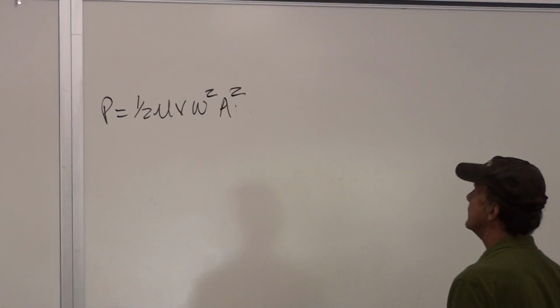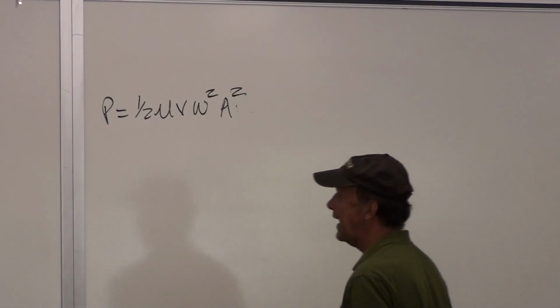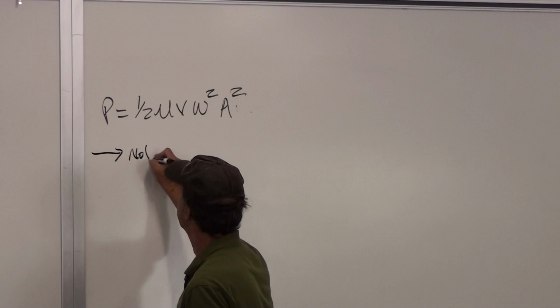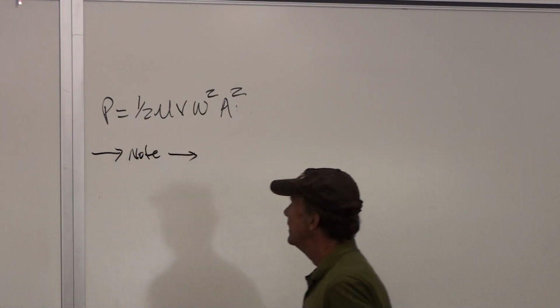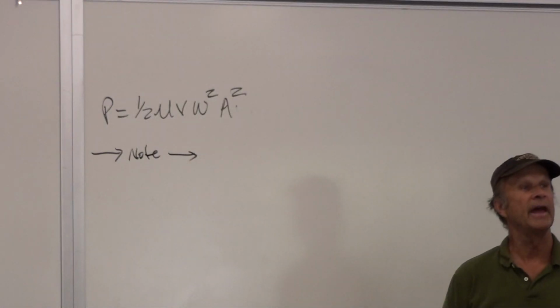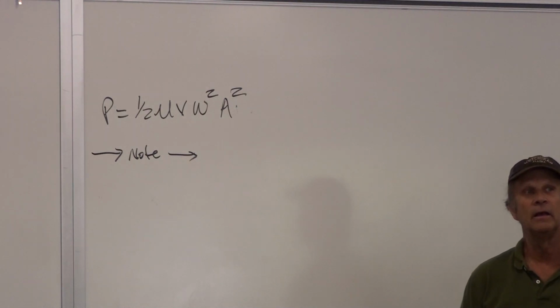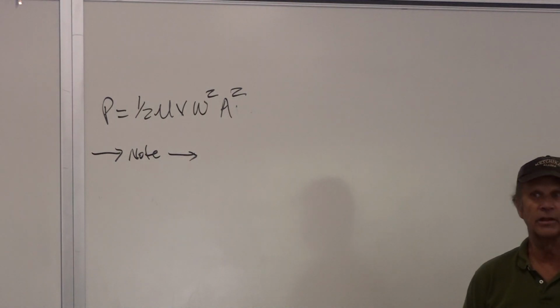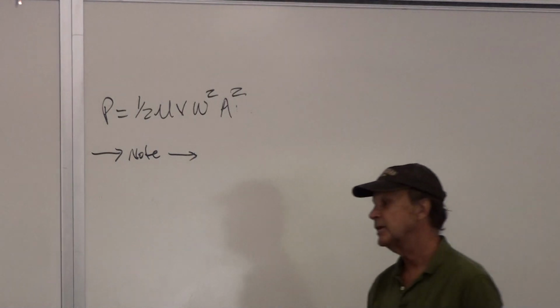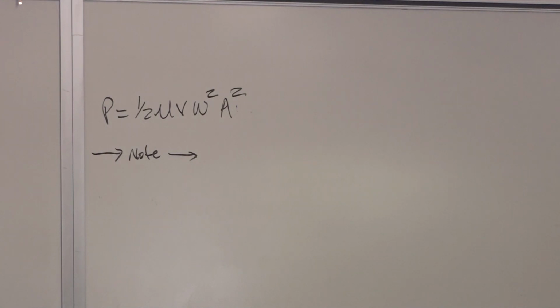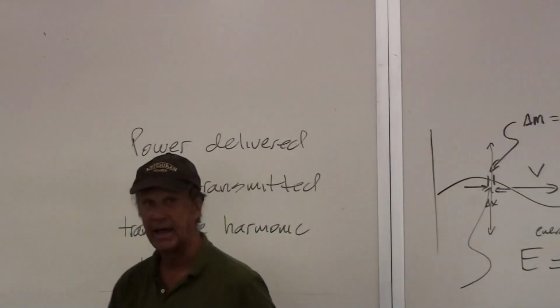Now there's some interesting aspects to this. One thing that we should note is that the energy and the power are proportional to the amplitude squared. And that's something that we're going to see in any kind of wave motion that we're dealing with. Let's say you turn up the amplitude of the sound on your radio, and you double the amplitude.